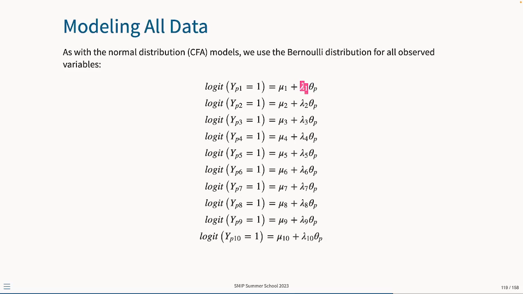That's because the variance of theta is in part a characteristic of the item itself. It's a part of the variance of the item that brings that estimate.